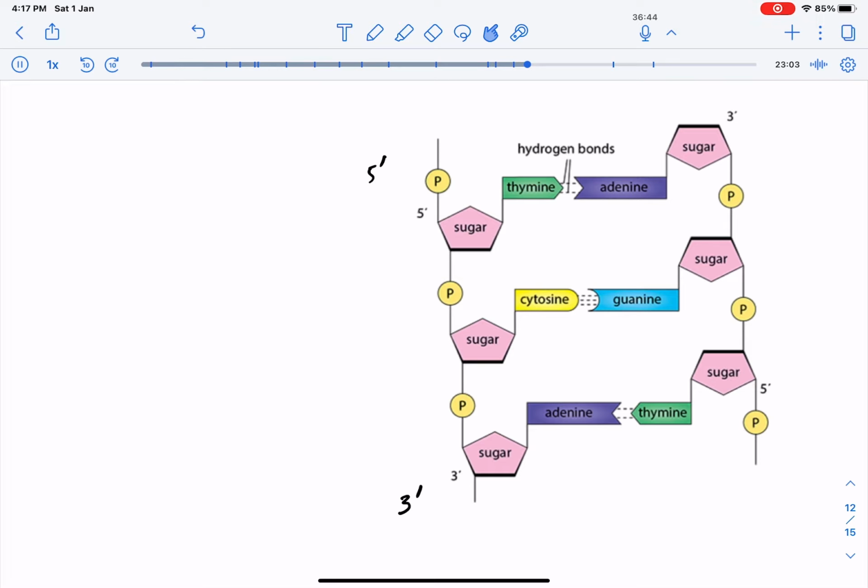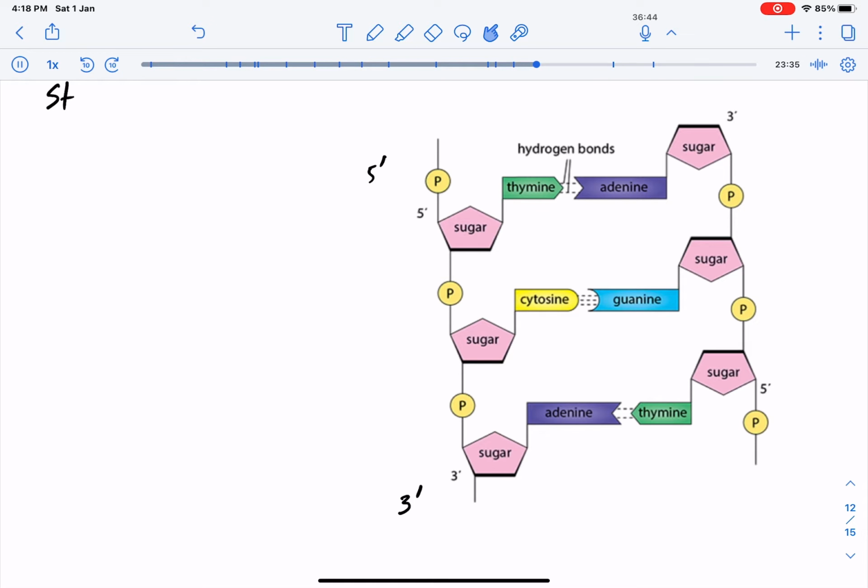The last nucleotide has the carbon number 3 of the sugar downwards, whereas every sugar in this chain has the carbon number 5 upwards and carbon number 3 downwards. So that is why it is 5 prime and 3 prime. So after you have understood these, now we are in a better position to understand the structure of DNA.